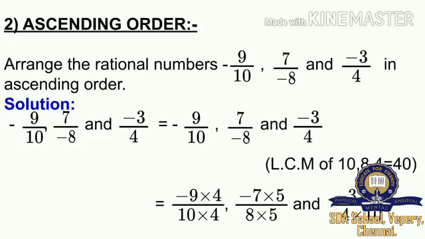in ascending order. First we should take the LCM. What are all the numbers in the denominator? 10, minus 8, 4. In LCM we don't consider plus or minus, right? So 10, 8, 4. If you take the LCM, the answer will be 40.